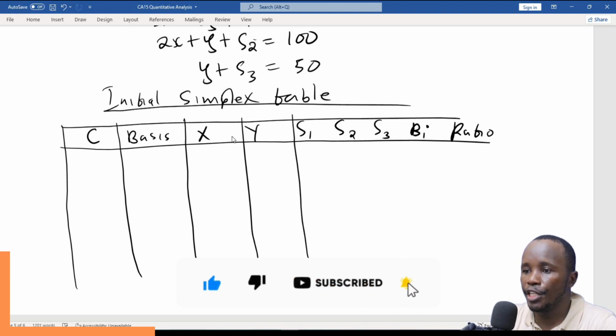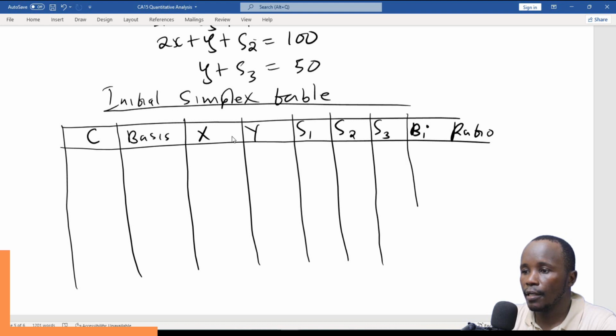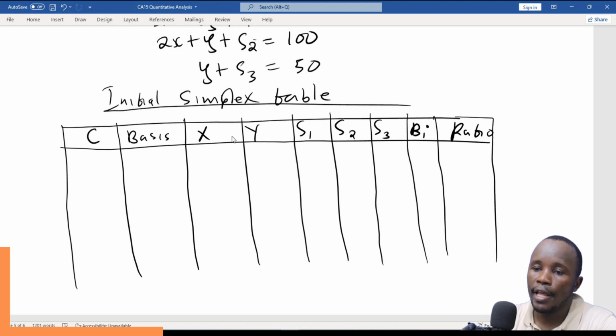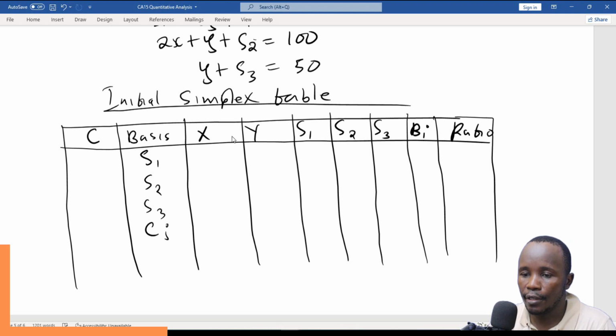In this initial table, there is very little to be done because we are just copying the values as they appear in our equations. The basis here will be slack 1, slack 2, slack 3. We need to have Cj, Zj, and finally Dj.